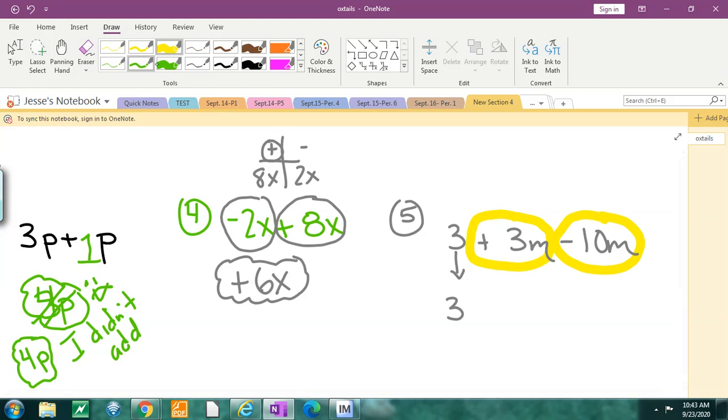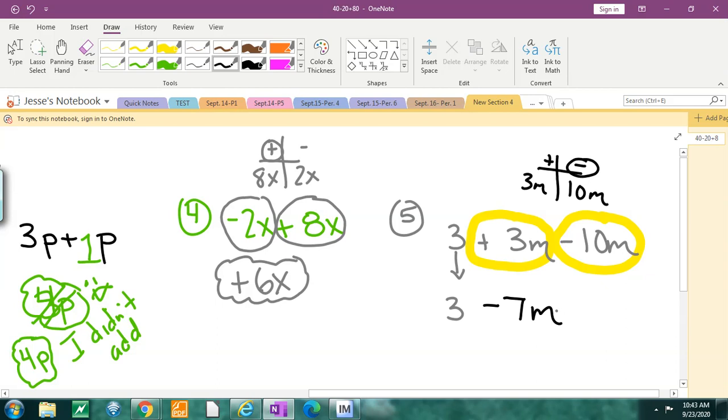See that? So now I'm going to go ahead and do the t-chart right here, okay? So that's a positive 3m and the 10m. So who won? The negative by how many? You're not adding them because they're not on the same side, right? So you have to subtract them. Negative 7m.